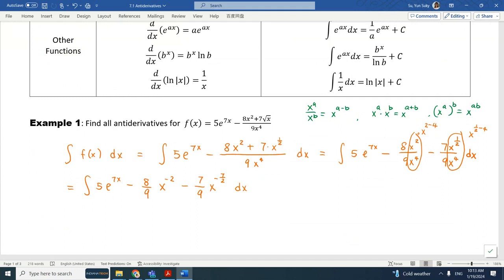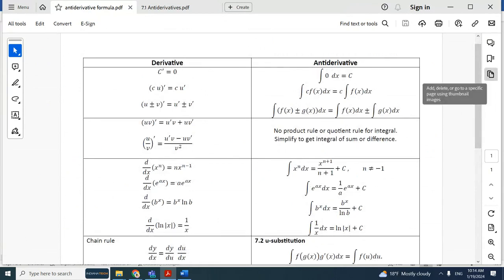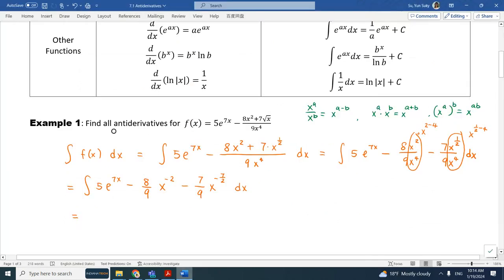We don't have a quotient rule, but we can simplify. Do you see we have a difference here? Now we can integrate term by term using those formulas. Everybody ready to integrate? According to the rule, when you have a constant multiple, we just leave the constant multiple in front. So when we integrate 5e to the 7x, the 5 stays here.